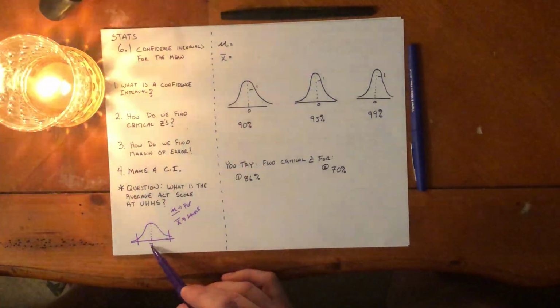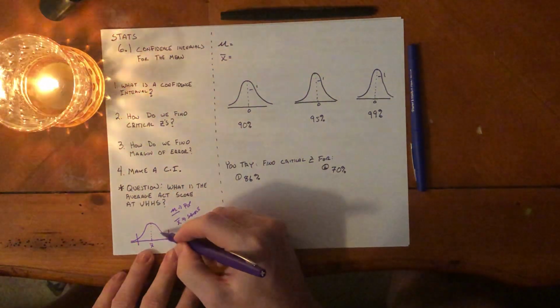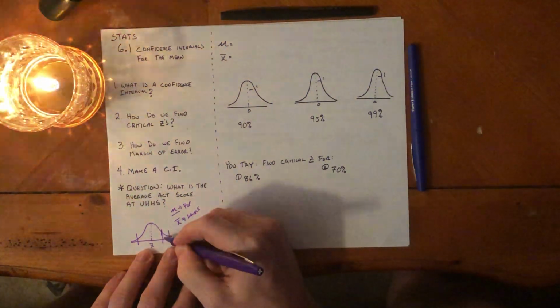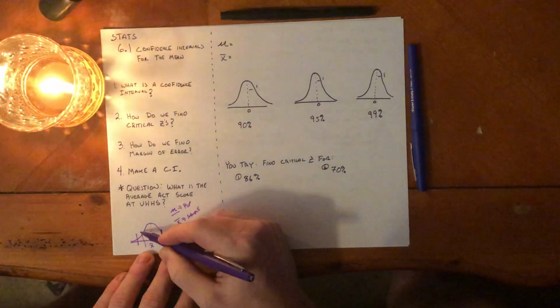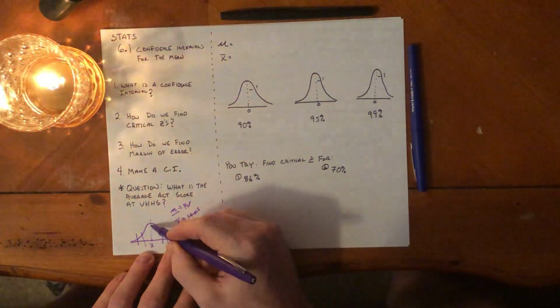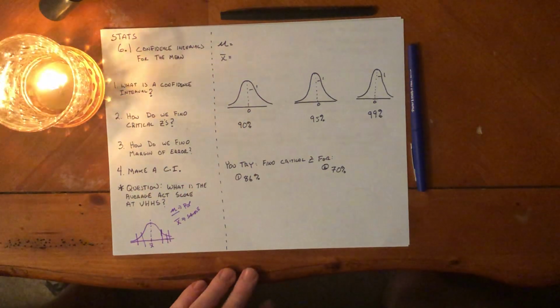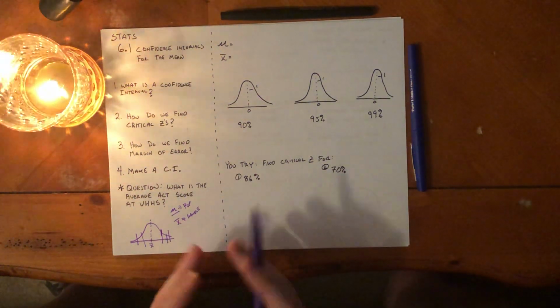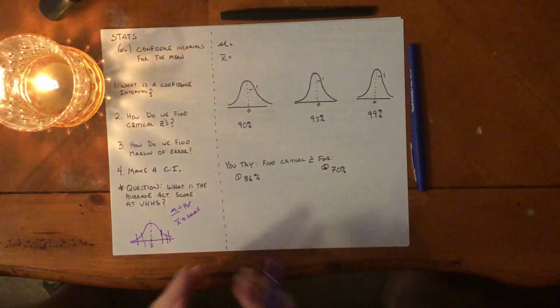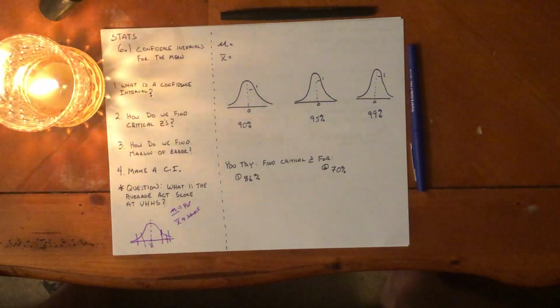Maybe my mean is identical to my X bar, but the mean can be over here. The actual mean of the population could be higher than my sample, or it could be lower than my sample, or it could be equal to my sample, right? So we're going to try to use our sample mean to estimate the population mean.